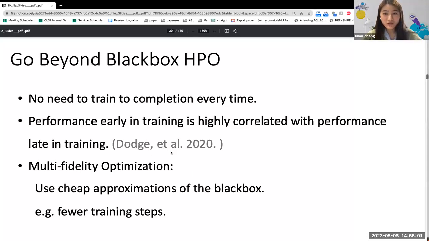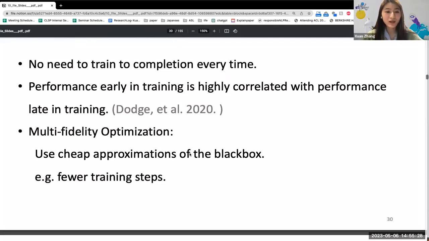Dodge 2020 demonstrated that performance early in training is highly correlated with performance later in training. As a result, we can apply multi-fidelity optimization, which uses more affordable approximations of the black box models. For example, we could run fewer training steps before gathering performance results.